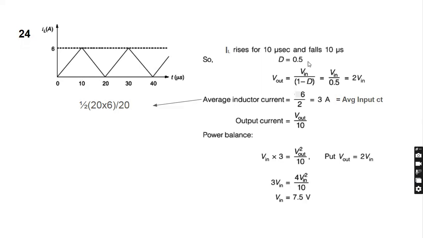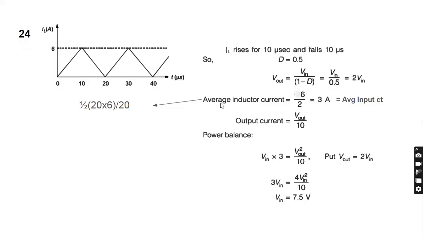So we can take D as 0.5. And we know that for a boost converter, the output voltage is V in by 1 minus D. So we can write V out in terms of V in as V in by 0.5, which can be written as 2 into V in.